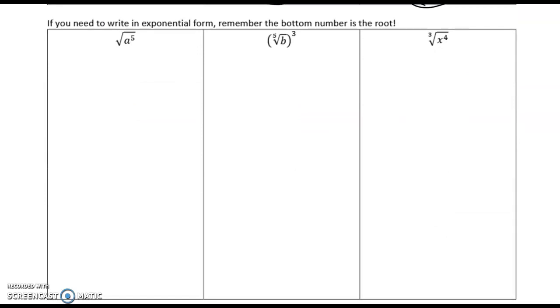All right, if we want to put these into exponential form, remember, whatever this root is, that's going to be the number that goes on the bottom of your fraction. So 8 to the 5th stays how it is, and then that 2 is just on the bottom of the fraction, 8 to the 5/2. We can have this one written like this, or it's the same thing as the 5th root of b to the 3rd.